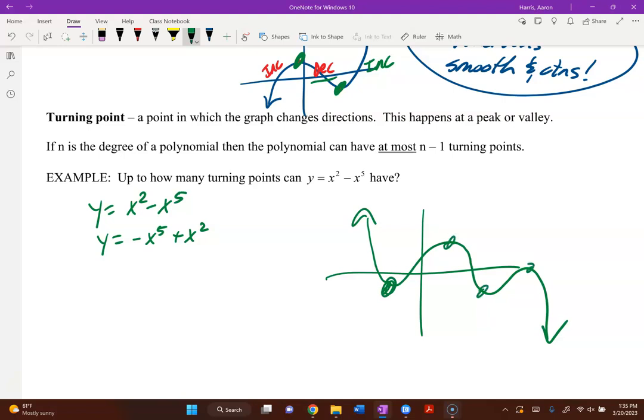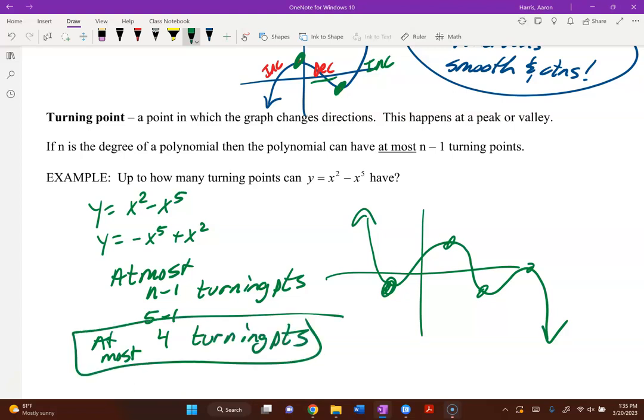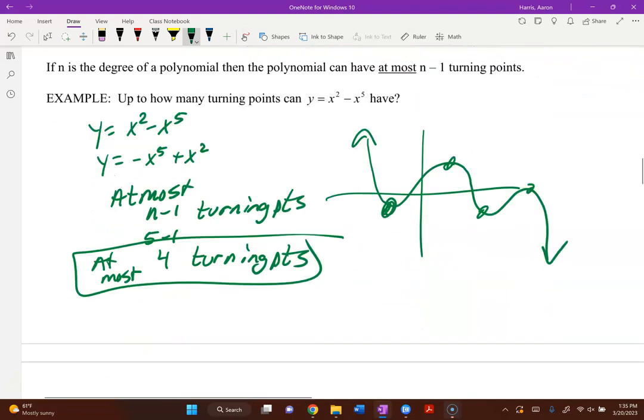It'll have at most. Might have less, but no more than 4, right? At most n minus 1 turning points. So 5 minus 1, 4 at most turning points. At most 4 turning points.